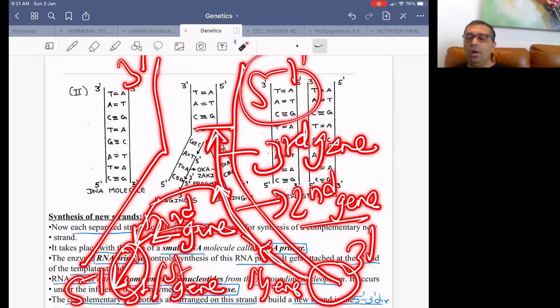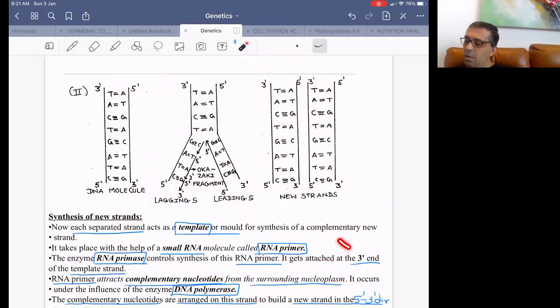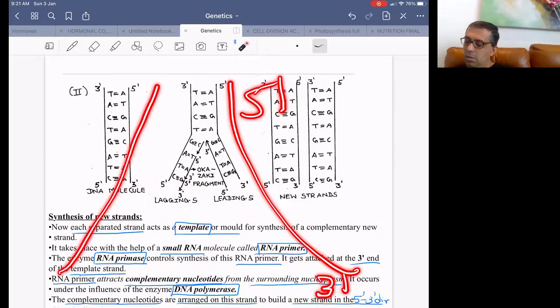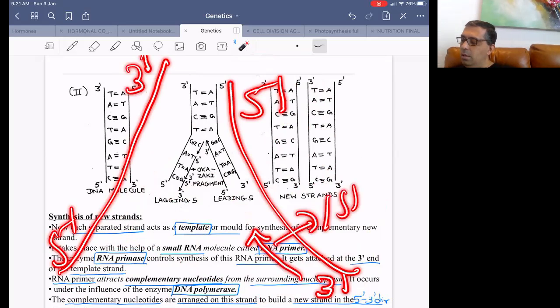So if you understood, first gene, no gene. I'll show it again. First gene, no gene.